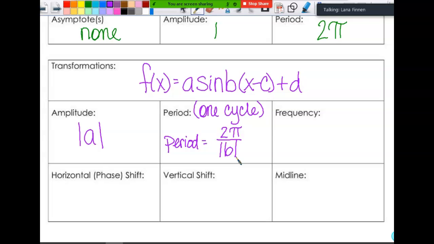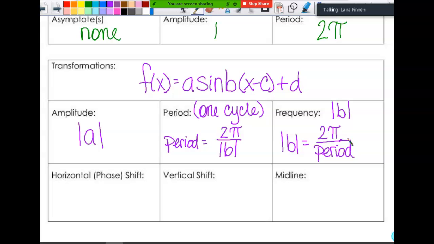And so that frequency is the absolute value of B. So that means the absolute value of B will equal 2 pi divided by the period. So the period and the frequency are very much related.